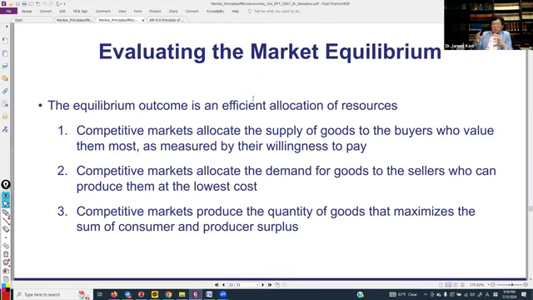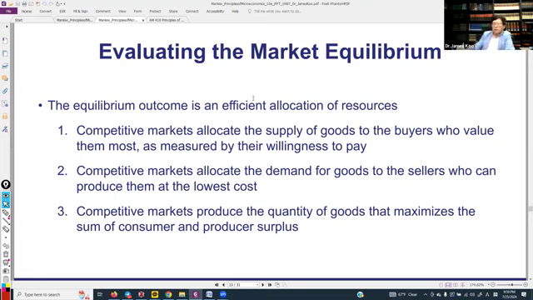Equilibrium is the price at which supply and demand are balanced, with no surplus or shortage. The equilibrium outcome is the efficient allocation of resources.